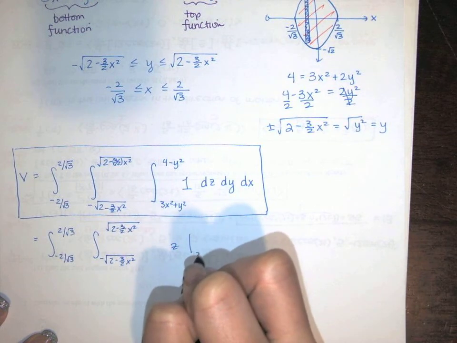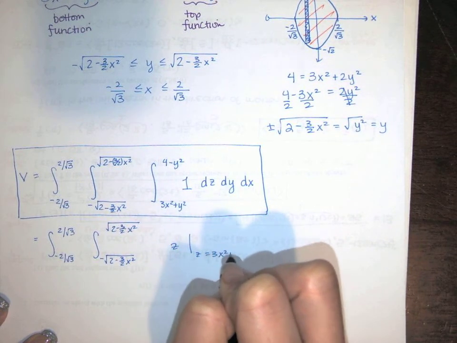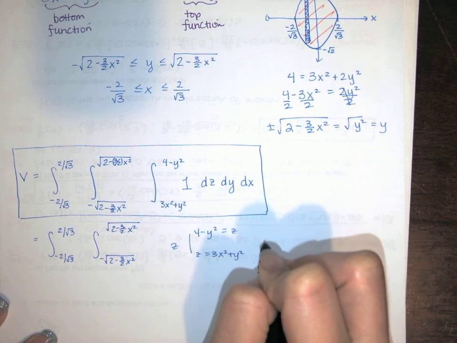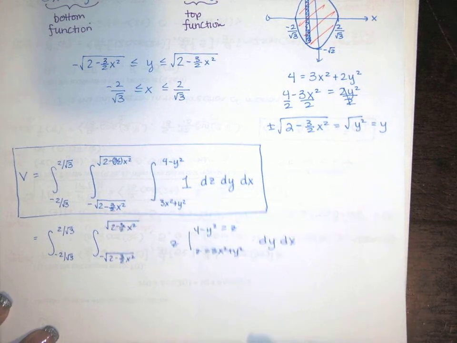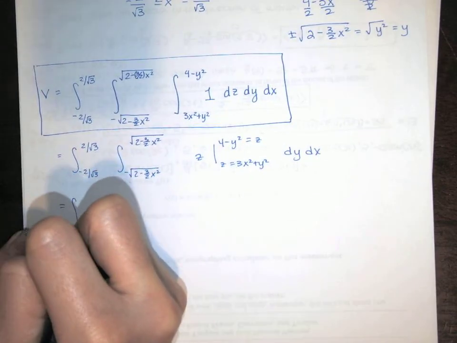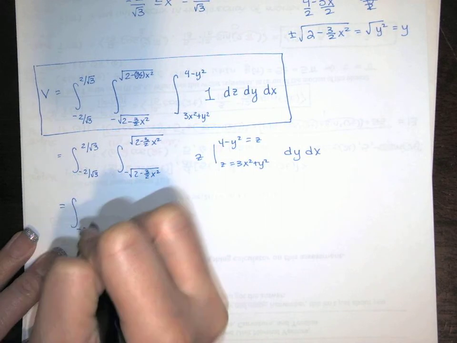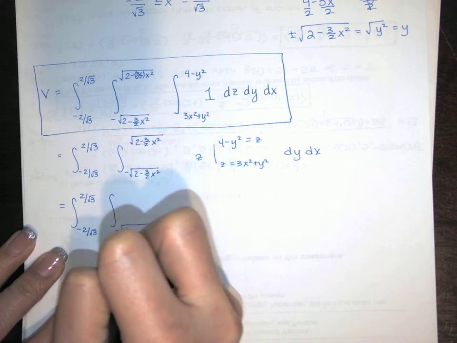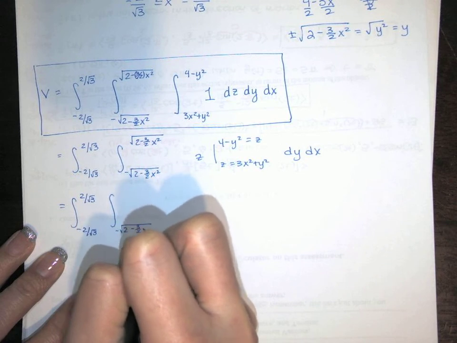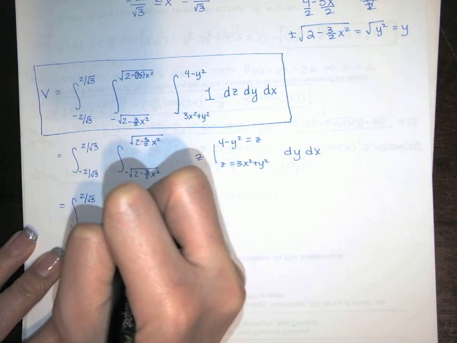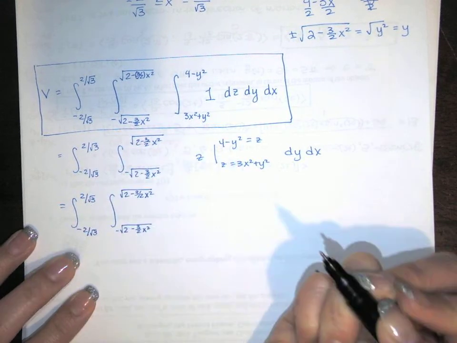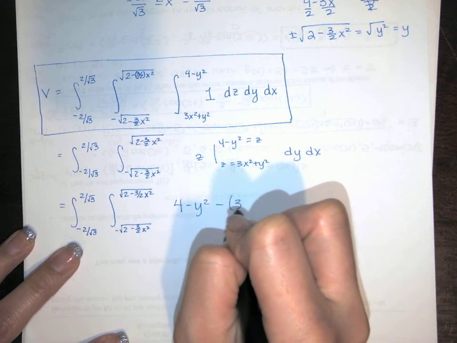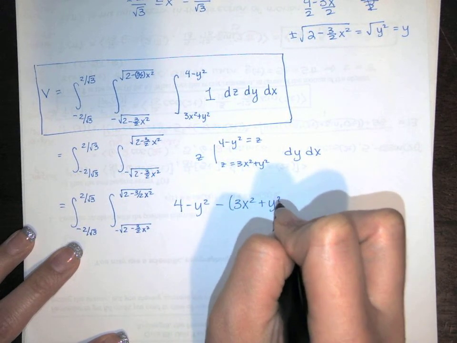And we evaluate from the lower bound to the upper bound. Okay, so upper bound is 4 minus y squared, lower bound is 3x squared plus y squared.